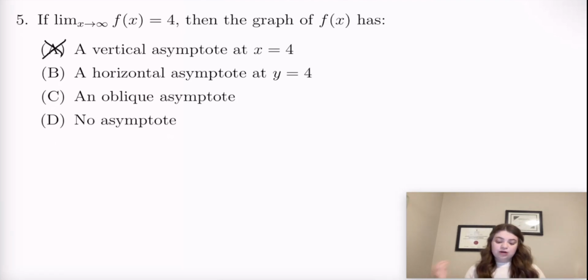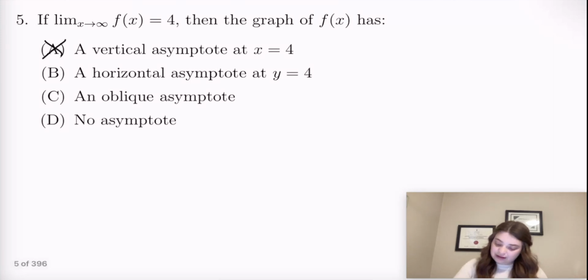Let's say there was a vertical asymptote at x is equal to 4. That would mean that as the overall function is going to infinity, x would approach 4, right?